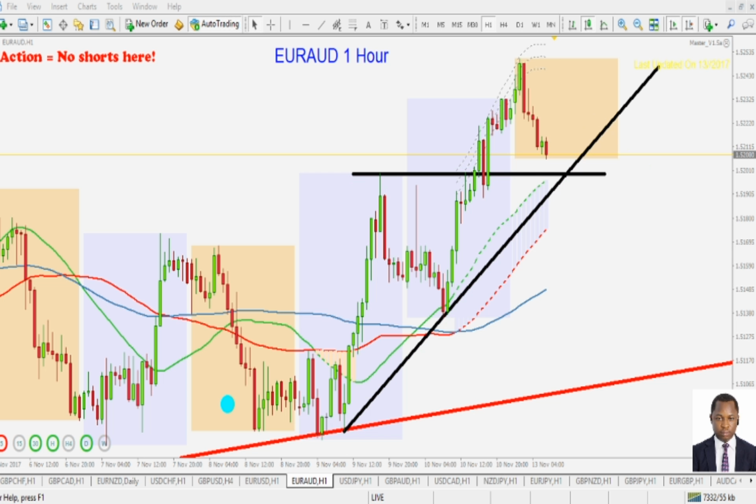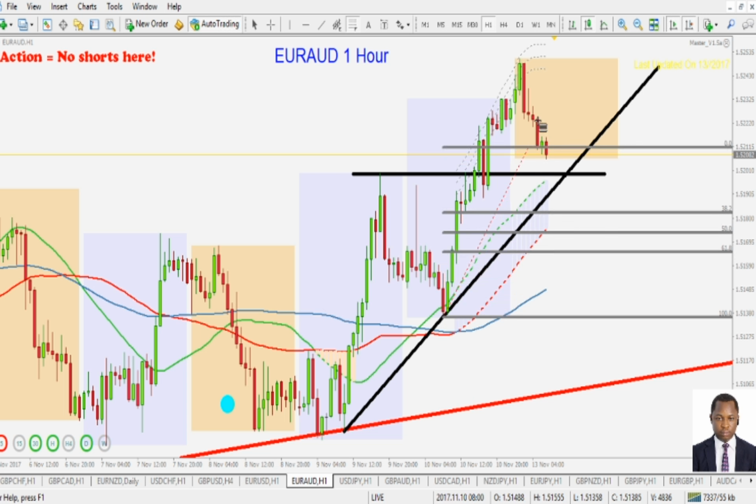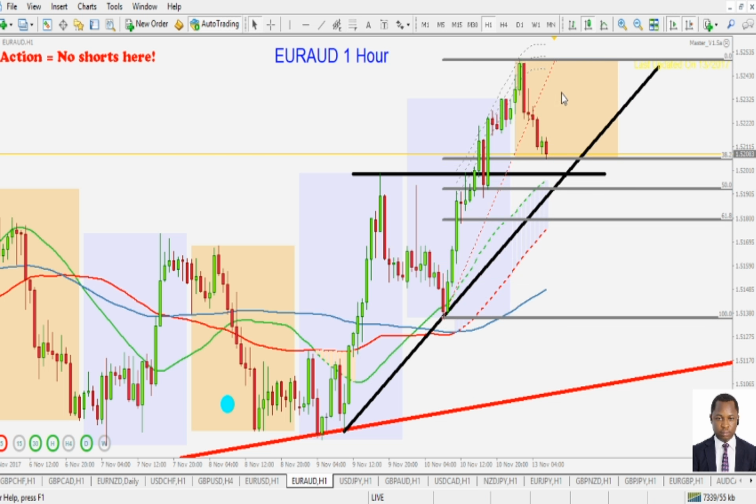How about Fibonacci retracement areas? Taking this low to that obvious swing high, do we have our key Fibonacci retracement areas falling around this point? Let's see that. Fibonacci retracement tool from the low to that high.